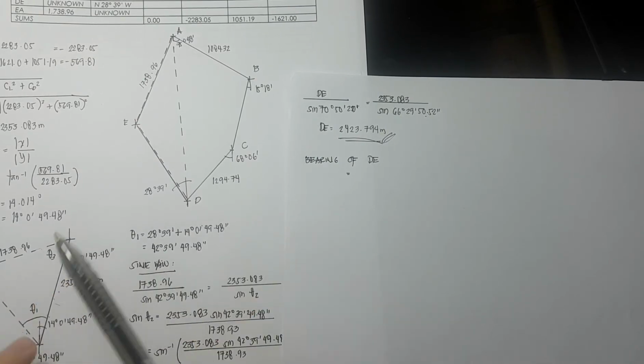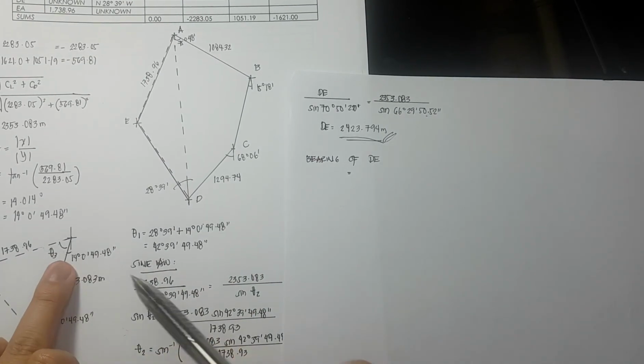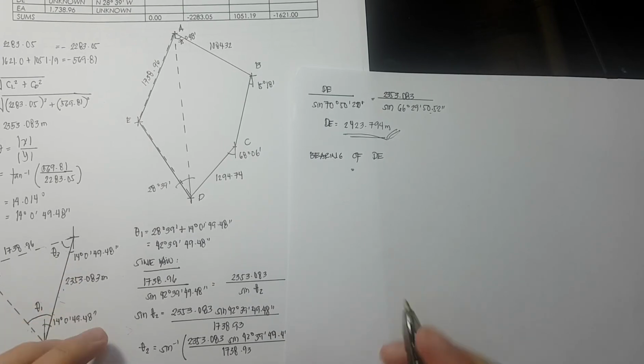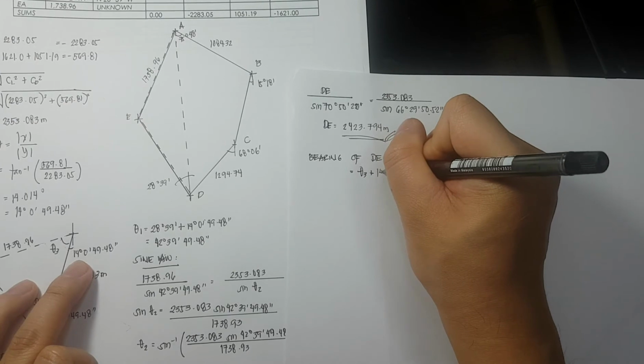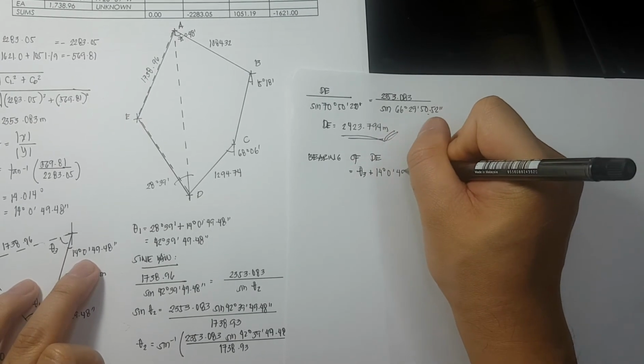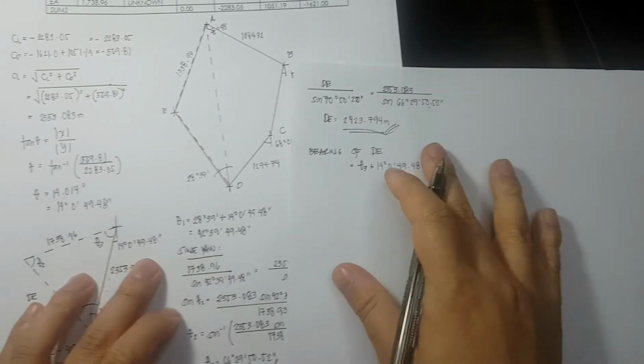So south going to line 1738, that is equivalent to theta 3 plus 14 degrees 0 minutes 49.48 seconds.